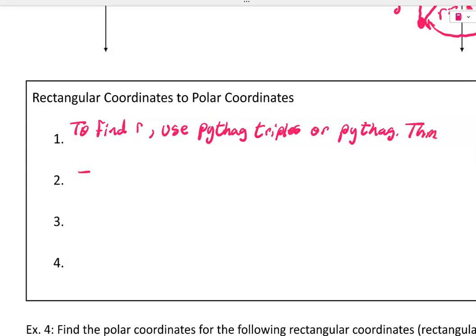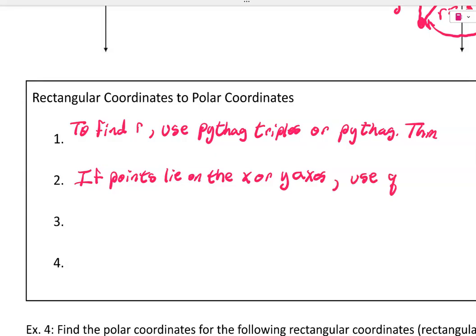Okay? If points lie on the x or y axis, or axes, I should say, use quadrantal angles.